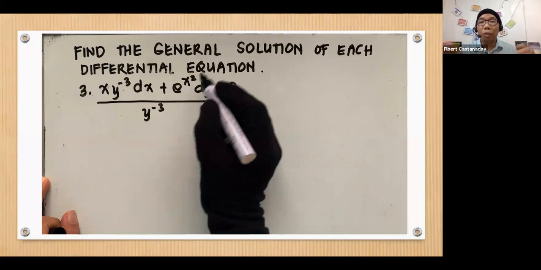At hindi ko pa natuturo yun, di ba? So, ibig sabihin, just leave it. Leave the problem. Kasi you will be, maybe in the future or in your next quiz, you are asked to solve for differential equations that are separable only. So, ibig sabihin, kapag hindi siya separable, so just leave it.